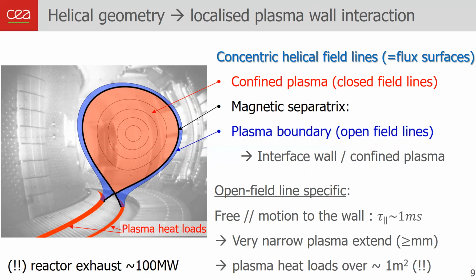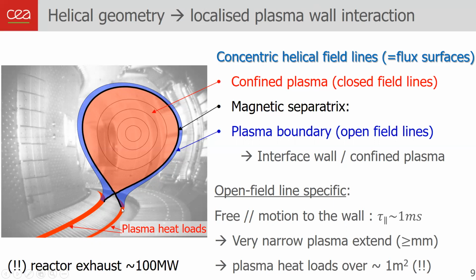And over this 1 millisecond, particles don't have much time to diffuse across the magnetic field because confinement is good. And so you have a very narrow plasma extent on plasma facing components. And so you have basically extreme heat loads there.